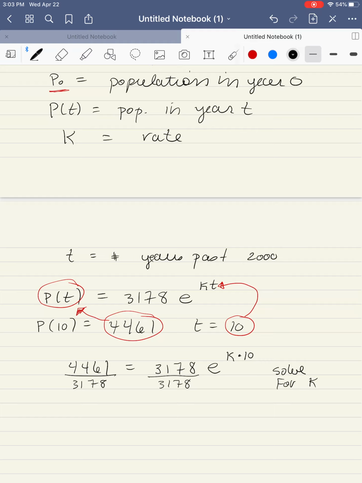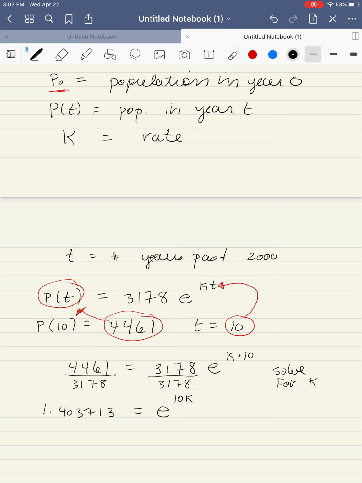We would divide both sides by 3178. And I want to keep a lot of decimals here. I can either leave it as a fraction or I'm going to put all of my decimal places because I don't want to have rounding error. So that's going to equal 1.403713.